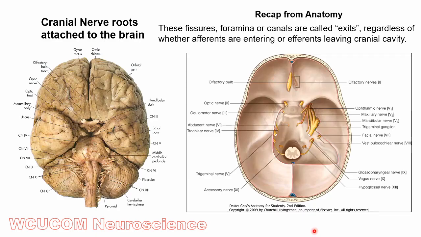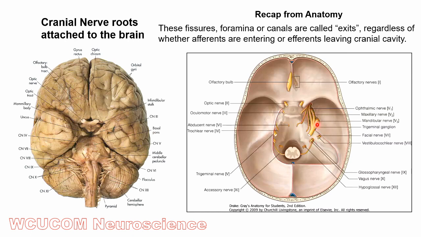So, which is also to say that by way of reminding everybody, the way these nerves exit the cranium, because by convention, regardless of whether the fibers are actually coming or going, so naturally your sensory ones, information-wise, would be coming in, but by convention, all of these fissures and foramina are called exits for those specific cranial nerves, and sometimes divisions, right?